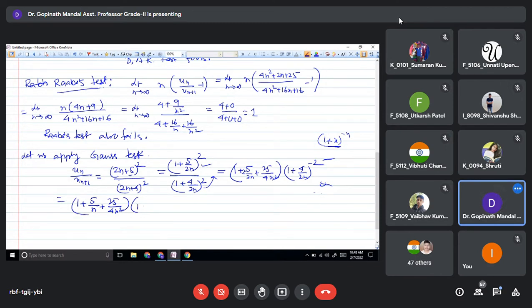So 1 minus nx, that is 2 into 4 by 2n, right? Then plus n into (n minus 1), that is minus 2 into (minus 2 minus 1) by factorial 2 into (4 by 2n) square, and so on.